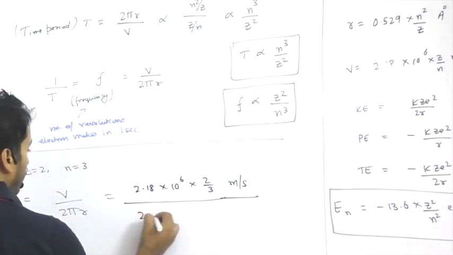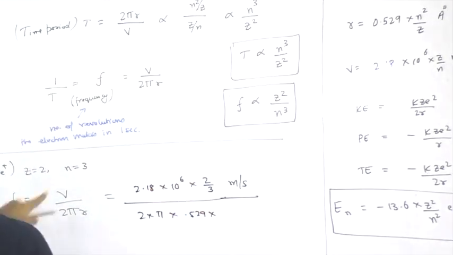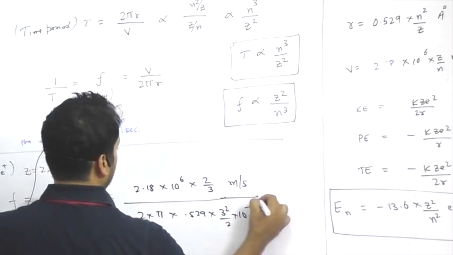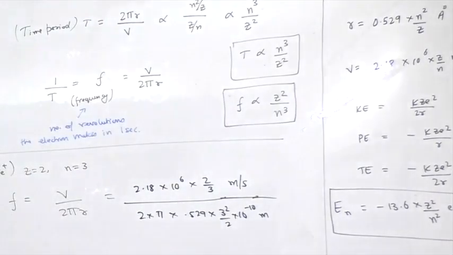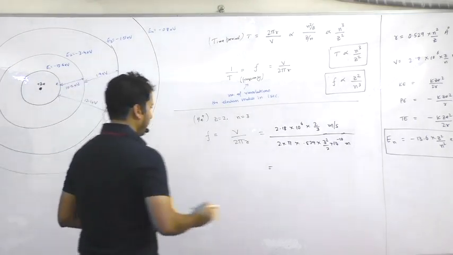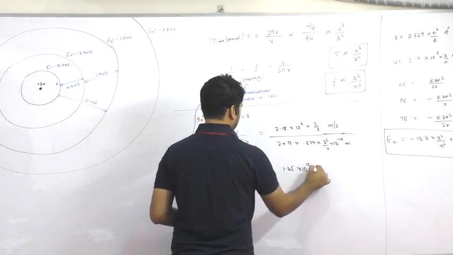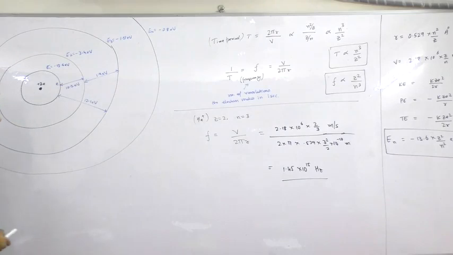So this will be 2 into pi into radius, which will be 0.529 into n square by z, third orbit, so 3 square by 2 into 10 power minus 10 meters. If you solve this, 1.45 into 10 power 15. I am getting this, but you can check this again at home.